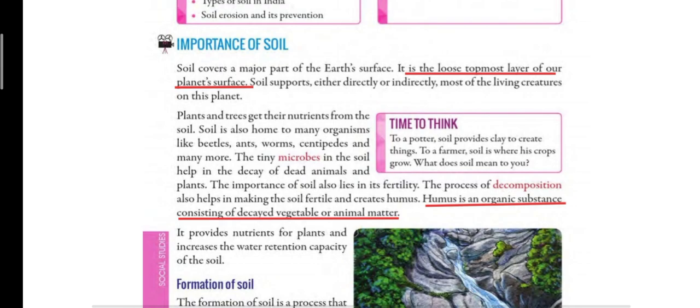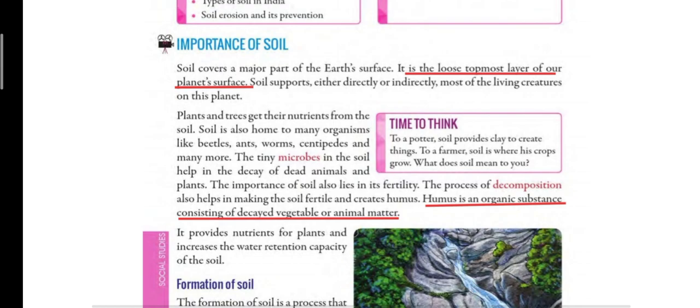So children, humus provides nutrients for the plants. As I have already told, humus acts as a natural fertilizer that helps in the growth of crops. So humus provides nutrients for the plants to grow properly, and it also increases the water retention capacity of the soil.